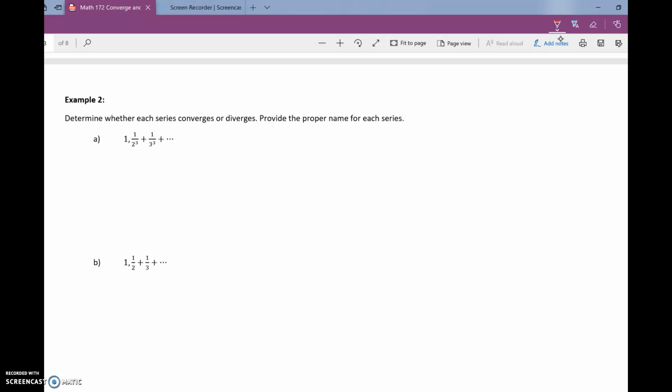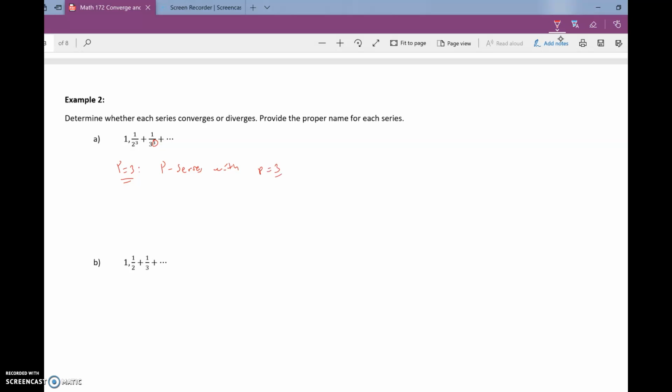So in this case, because the actual exponent happens to be to the third power, P is equal to 3. So in this case, this is a P series with P equal to 3.